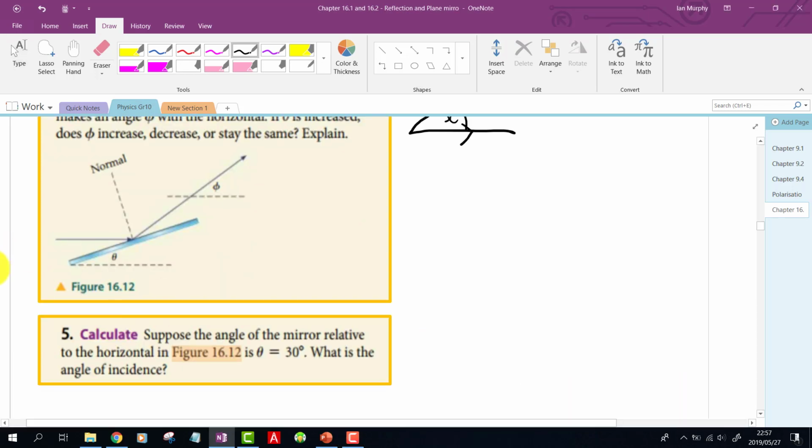Okay, so we look at question 5, and we see it says, calculate. Suppose the angle of the mirror relative to the horizontal in figure 16.12 is theta equals 30 degrees. What is the angle of incidence? So they're saying that this angle here is 30, and they want to know what is the angle of incidence.